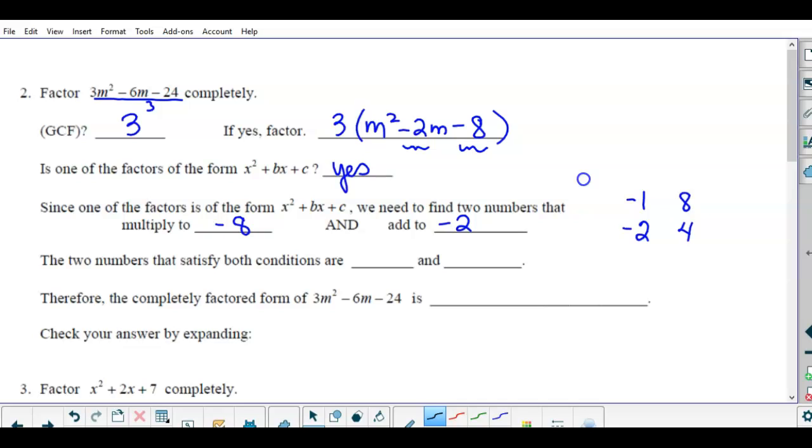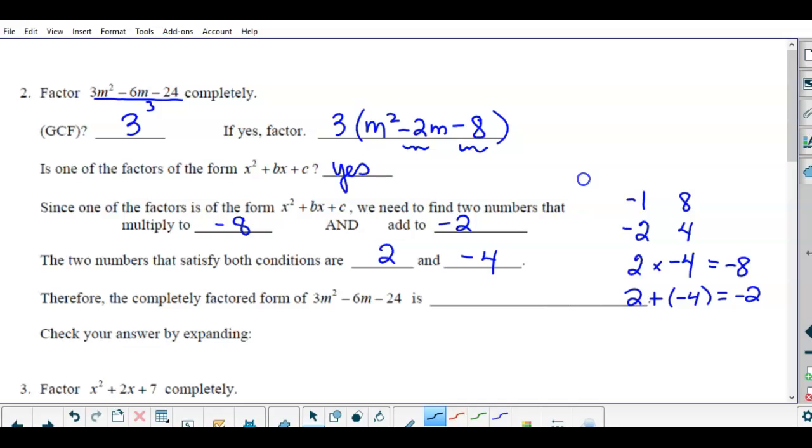If these add to positive 2, but I want it to be negative 2, what could I change here, Michaela? Change the 4 to negative. Right. So change that to negative 4 and this to positive 2. They still multiply to negative 8, and if you add them together, they give you negative 2. So those are our two values. 2 and negative 4.